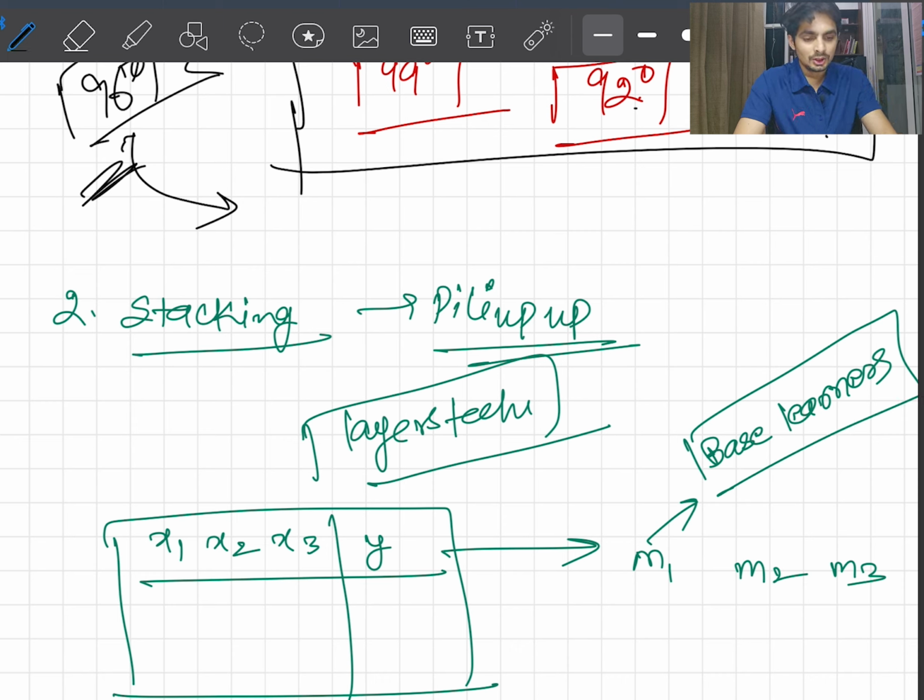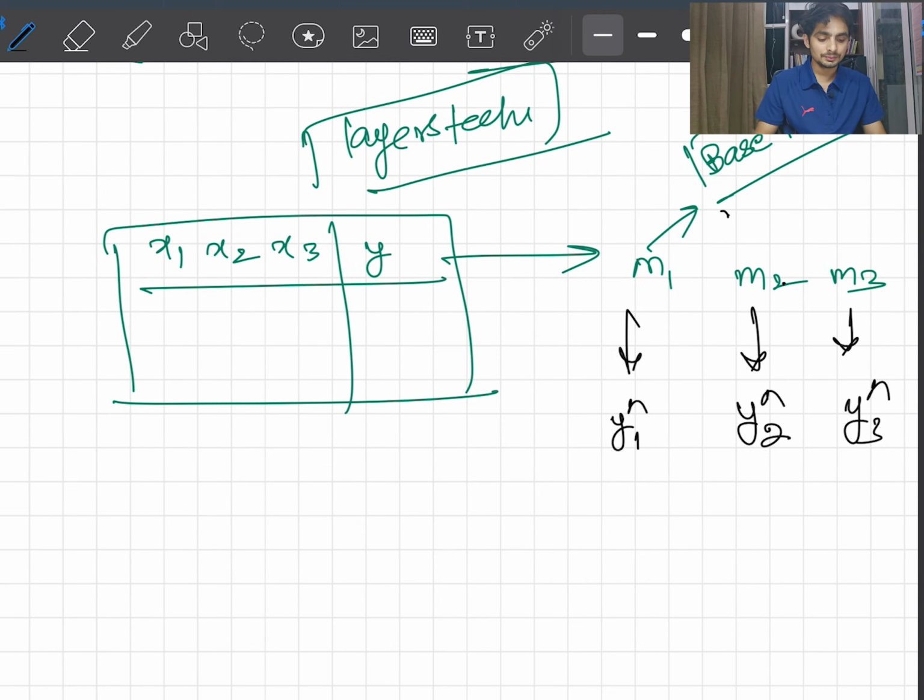Whenever I pass this data to model 1, I get one prediction, y1 hat. When I pass the same data to model 2, I get output y2. When I pass the same data to model 3, the third base learner, I get output y3. That means I get 3 predictions.